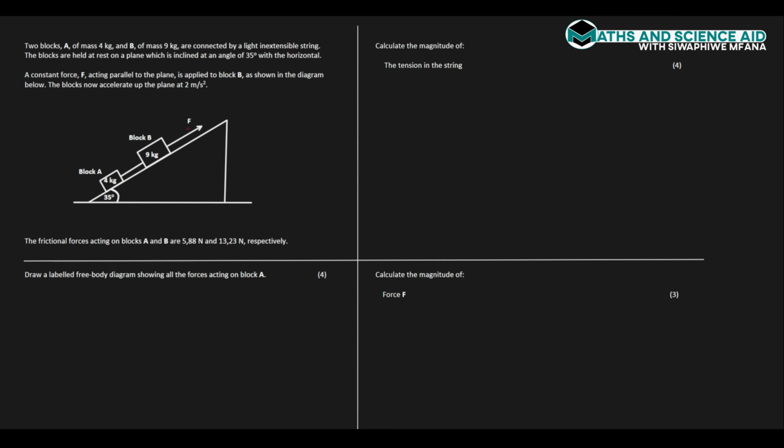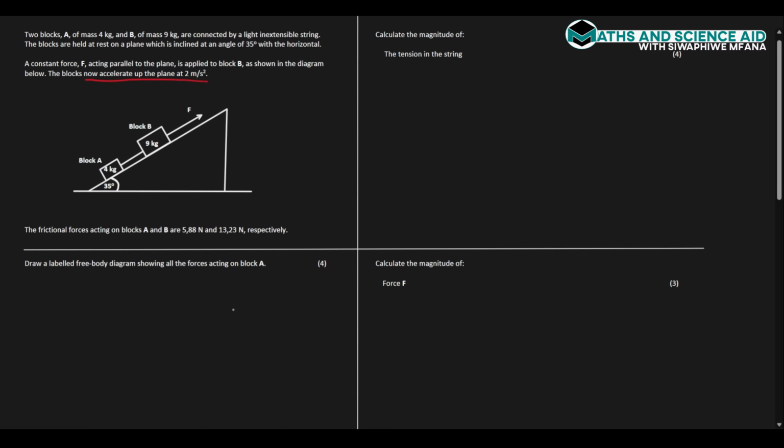A constant force F acting parallel to the plane is applied to block B as shown in the diagram below. The blocks now accelerate up the plane at 2 meters per second. The frictional forces acting on blocks A and B are 5,88 newtons and 13,23 newtons, respectively.